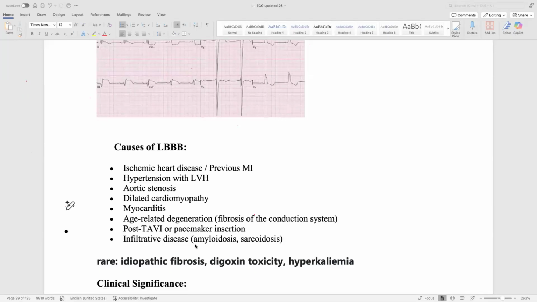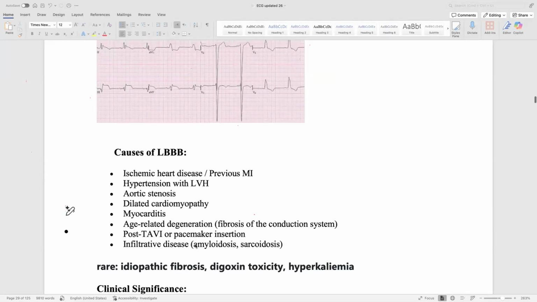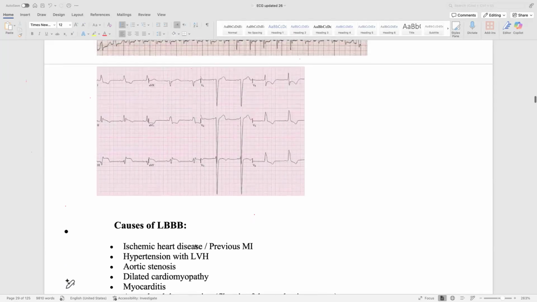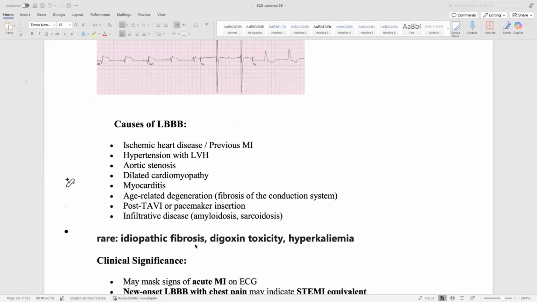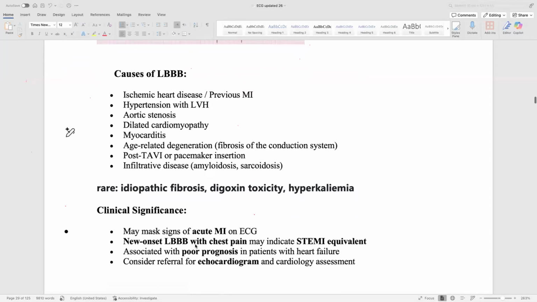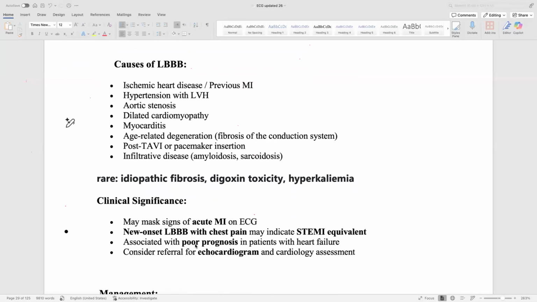That's why if it is new, that means there is new damage. It could be due to inferior MI, but it is usually old. Previous MI or acute MI, depending on the symptoms and the old ECG, if the patient has an old ECG.